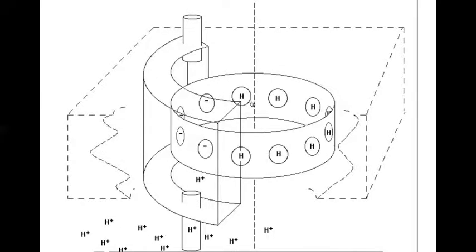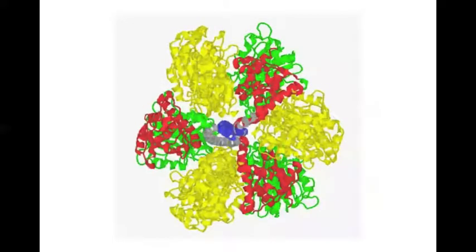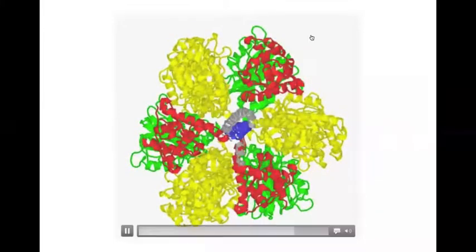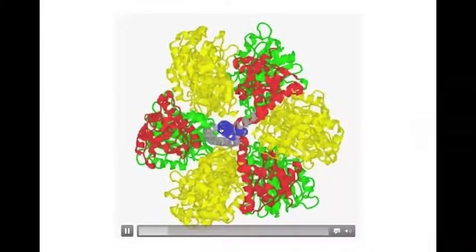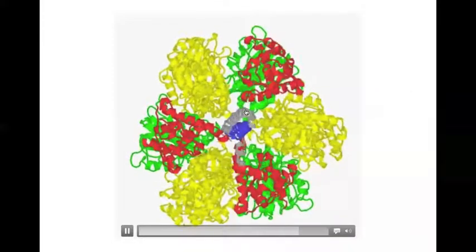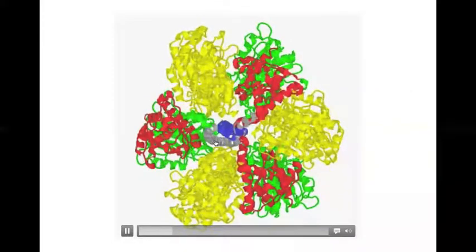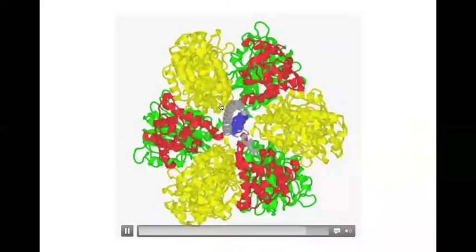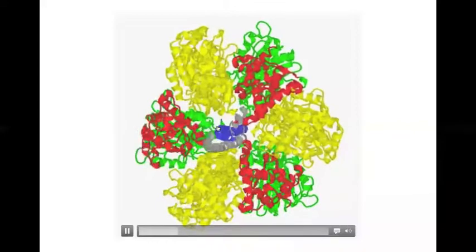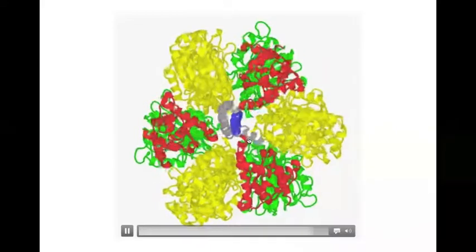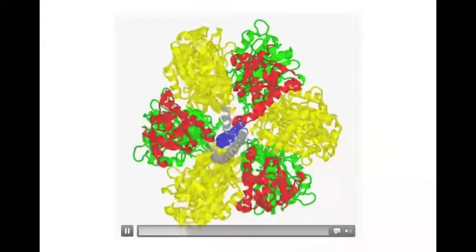Now, there's no ATP in here. Where does the ATP come in? Well, that's involved in the top part of the enzyme. So as those rotating sections of the enzyme, driven by the protons moving through the membrane, cause this enzyme to rotate, it's up here that the ATP gets synthesized.